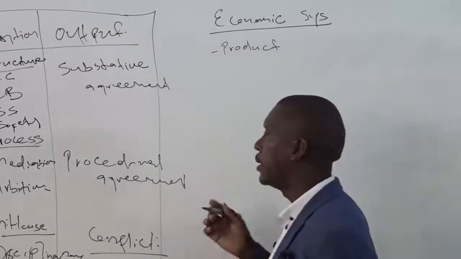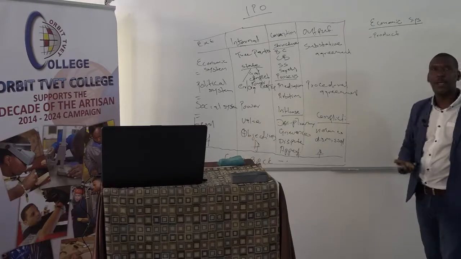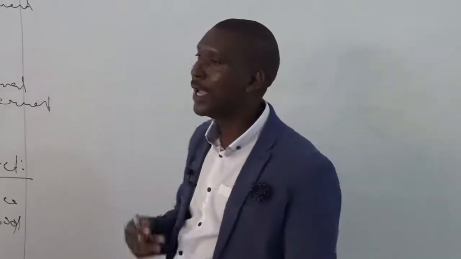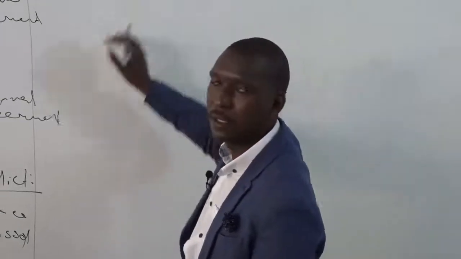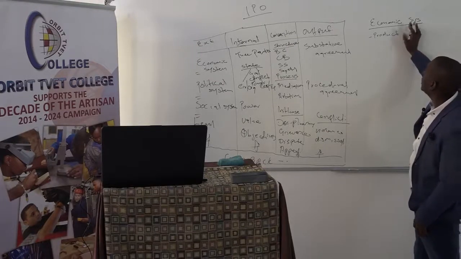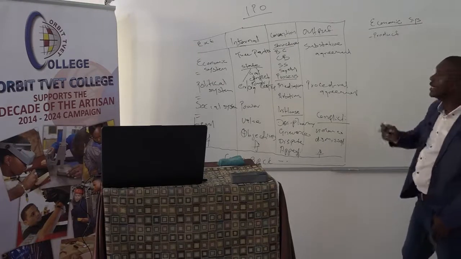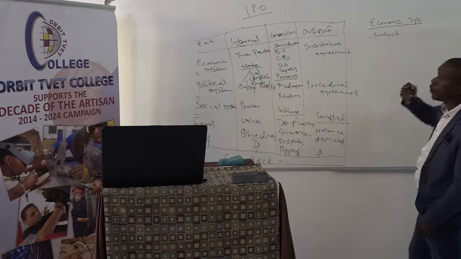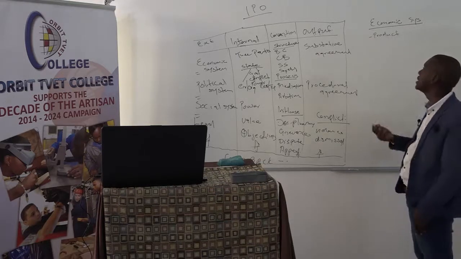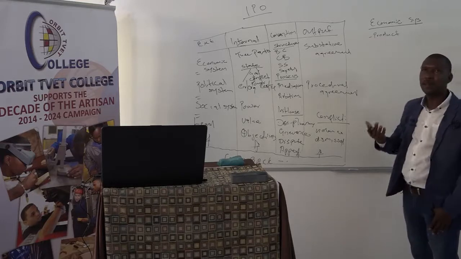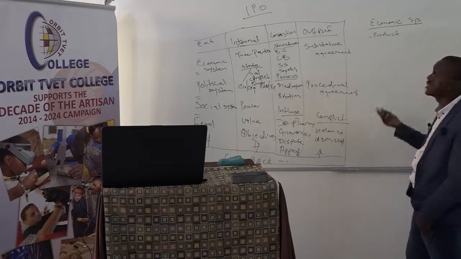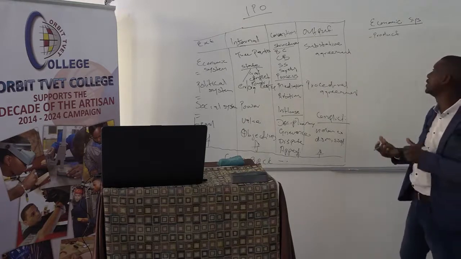What is it that we produce? If the mine produced copper, or maybe they produced diamonds, and there is a demand for that particular output, therefore that type of company can easily respond positively to employees' demand for salary increase, can easily respond to employee demand for fancy housing, good allowances, transportation, and all those fringe benefits.